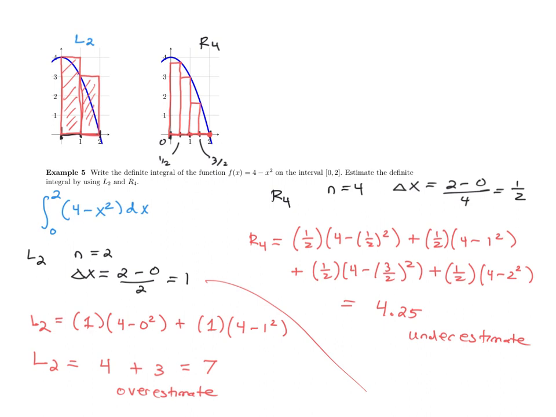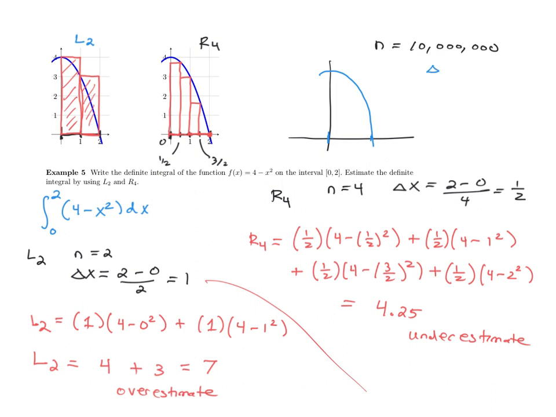It's not stated in this problem, but let's say you wanted to get a very accurate estimate of the area that's between the function and the x-axis. You could use something like n equal to 10 million, just to get an idea of what that would look like and why it's a good estimate. So here's the function from 0 to 2.